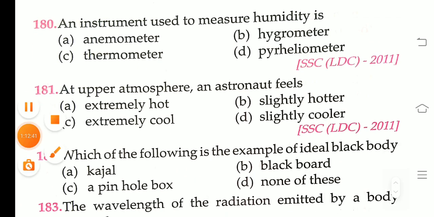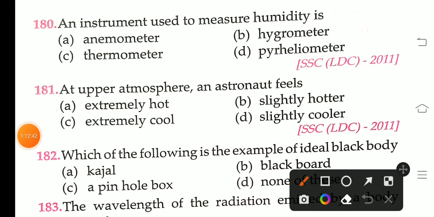Next, an instrument used to measure humidity is, right answer will be option B, hygrometer. Next, at the upper atmosphere an astronaut feels, right answer will be option C, extremely cool.